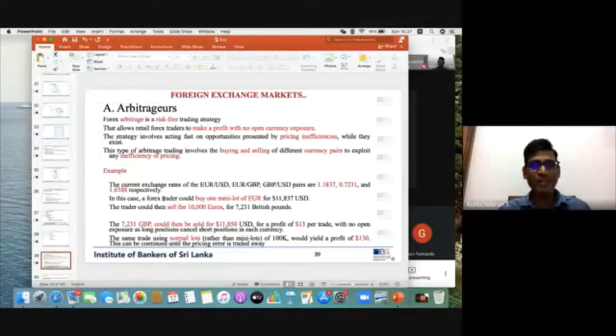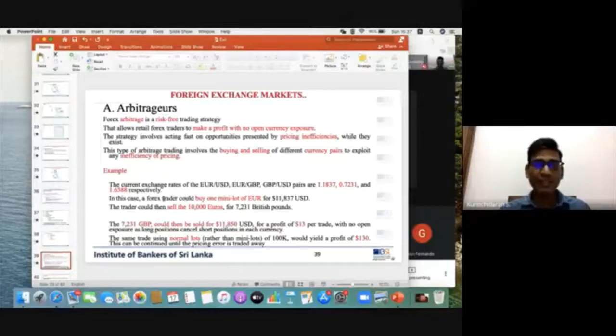Different currency pairs. You buy USD euro, then you sell USD yen, and then you go for USD sterling. You have to think like that, and exploit any inefficiency of repricing and gain accordingly.